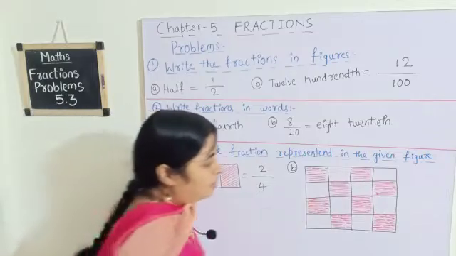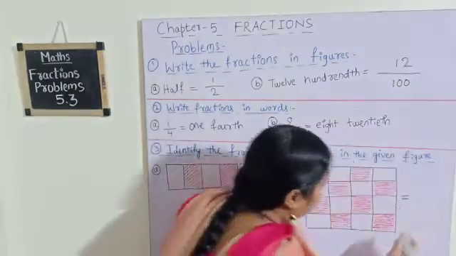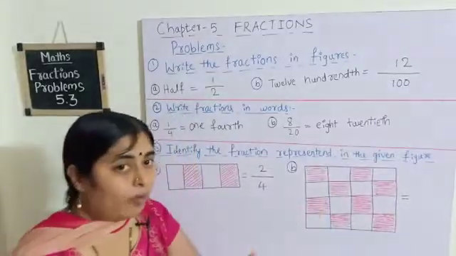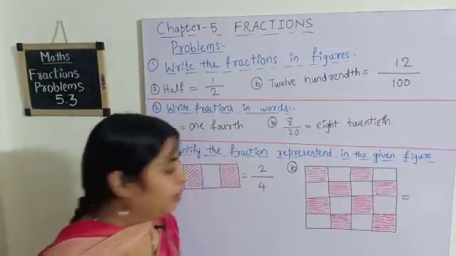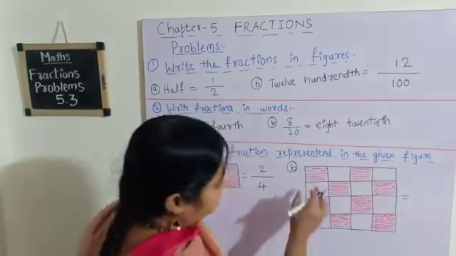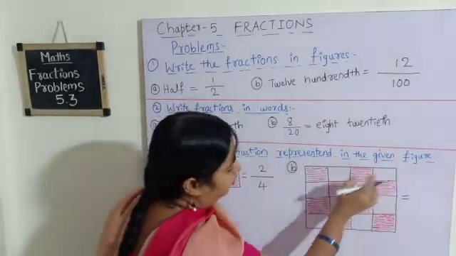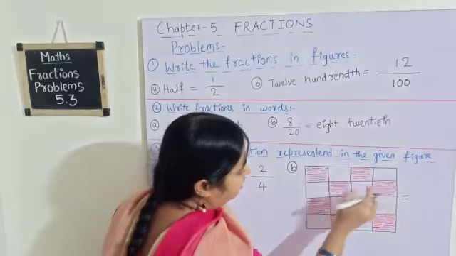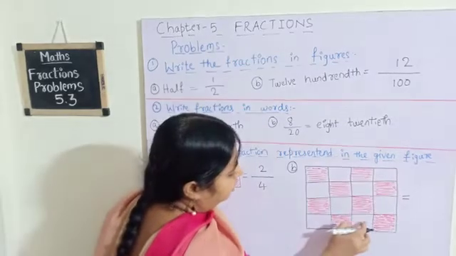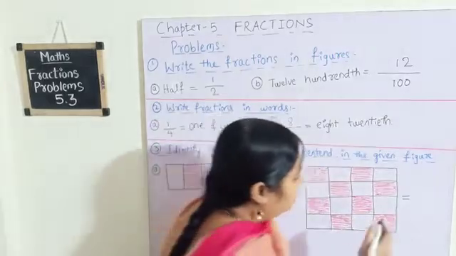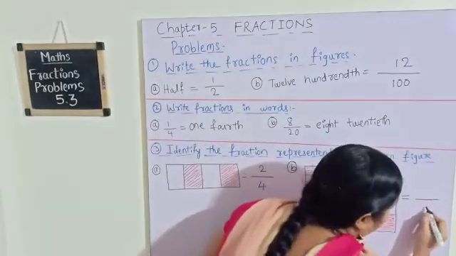Let's consider another example. First in this example we will see how many equal parts the whole square has been cut into. See, 1, 2, 3, 4, 5, 6, 7, 8, 9, 10, 11, 12, 13, 14, 15, 16. It has been cut into 16 equal parts.